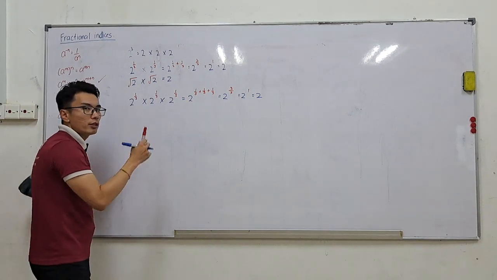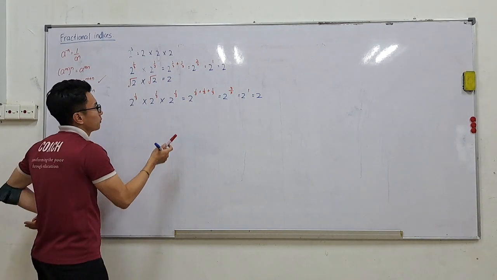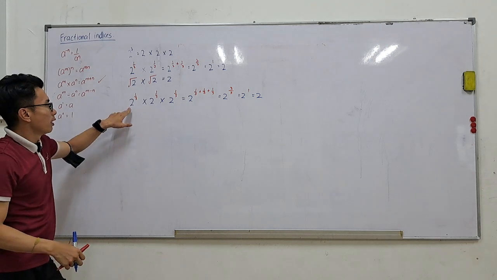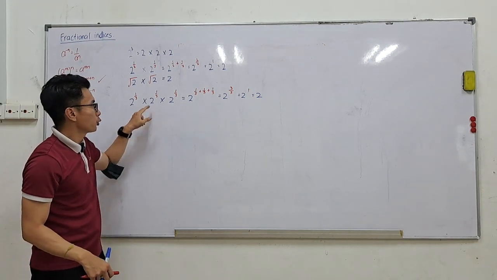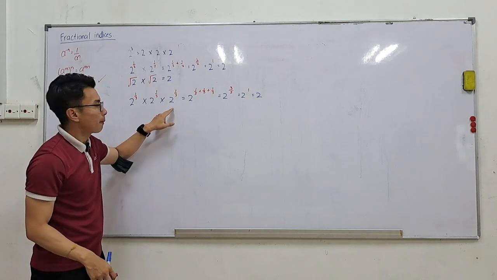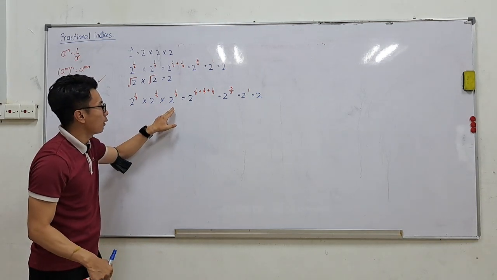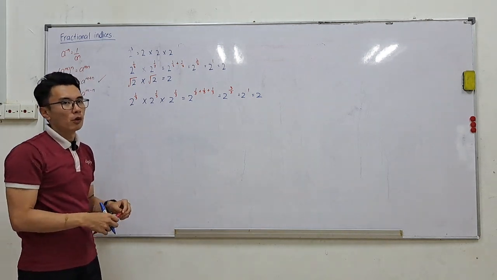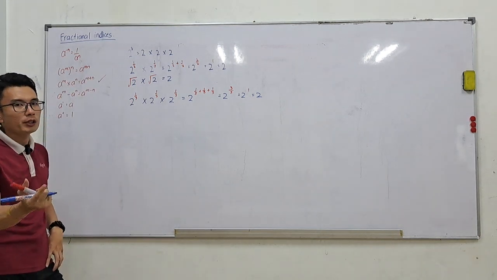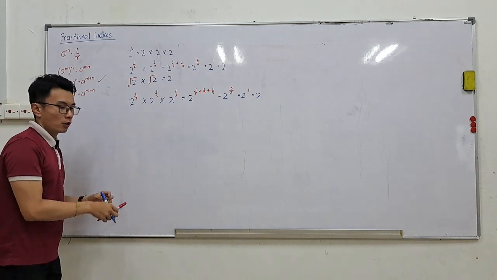Again, if we look at this equation, I am multiplying this number by itself 3 times, and I get back 2. So what number, when multiplied by itself 3 times, gives back 2?